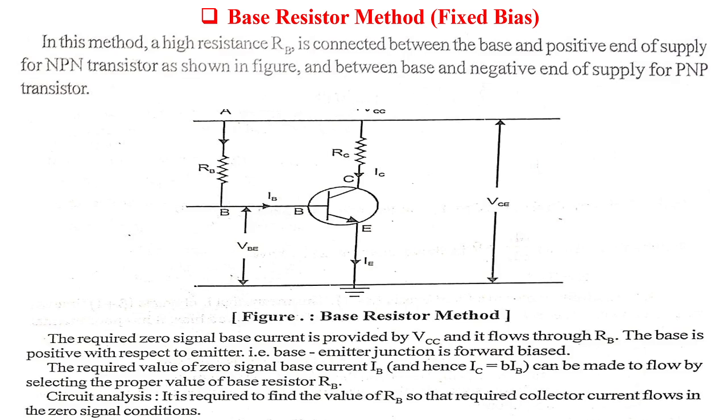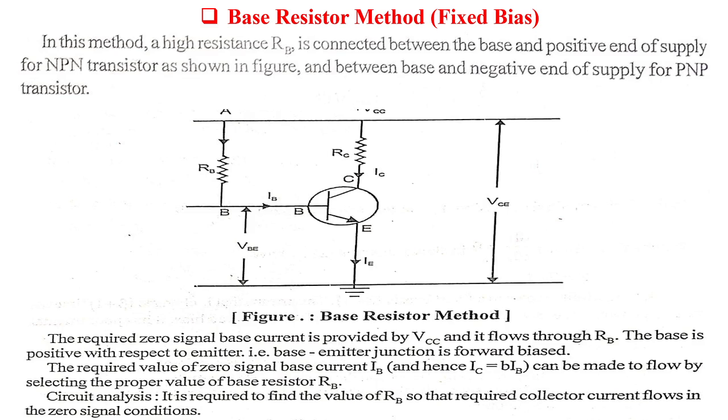The proper flow of zero signal collector current IC and the maintenance of proper collector emitter voltage during the passage of signal is known as transistor biasing, and the circuit which provides transistor biasing is known as biasing circuit.